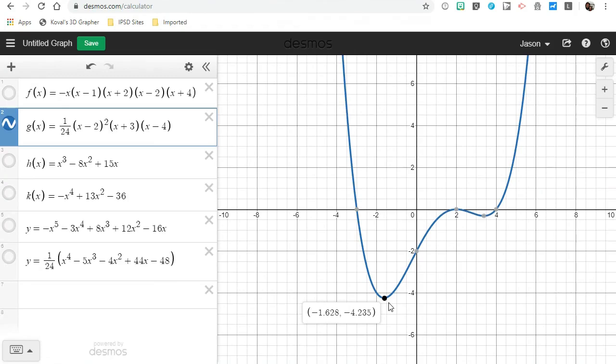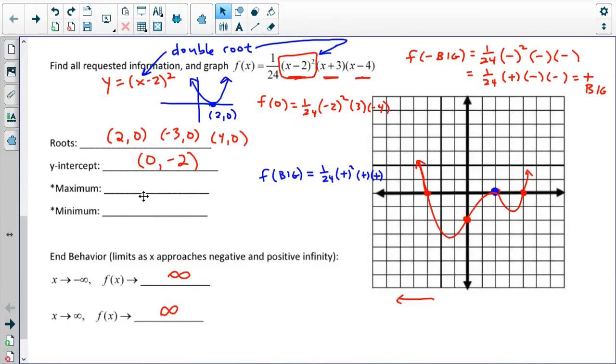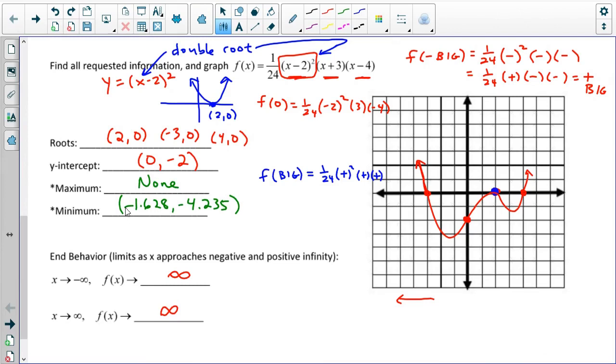And then I want to find a max, but I don't have a maximum value because it goes up in both directions forever.